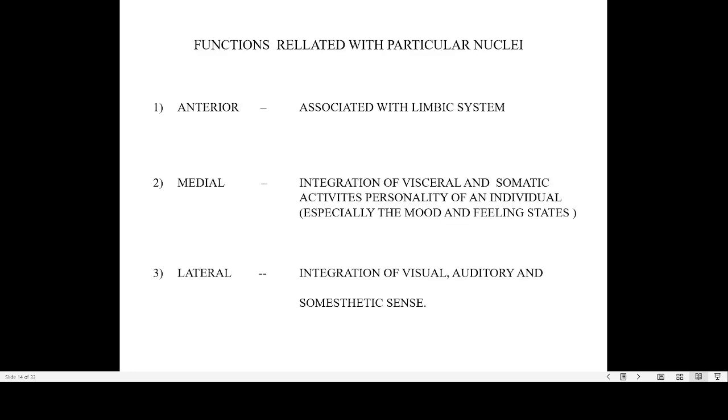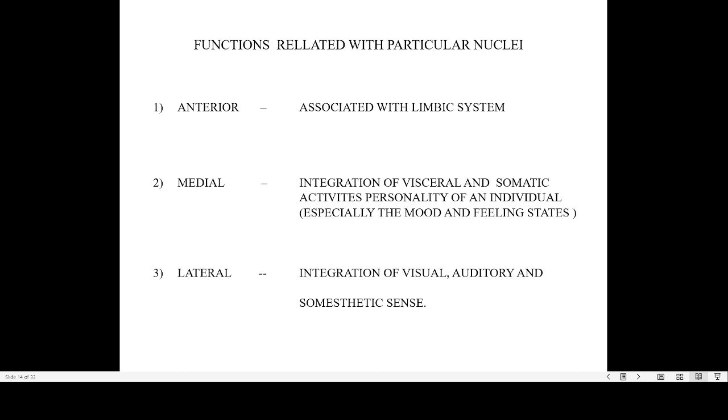So we remember which of these thalamus portions are related with the particular nuclei, the 7 nuclei which relate to particular functions. As I told, there are 3 parts of the thalamus separated by white matter.